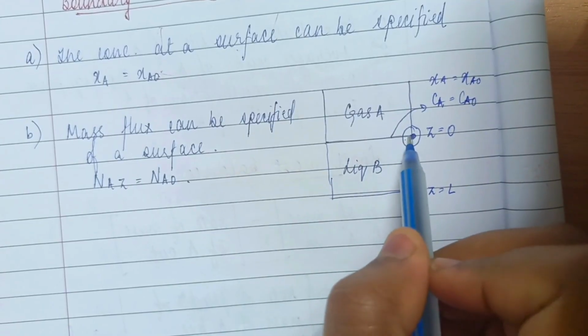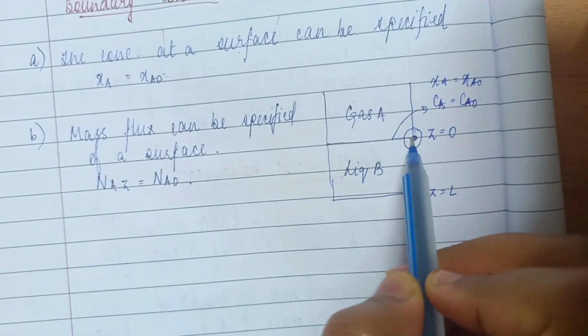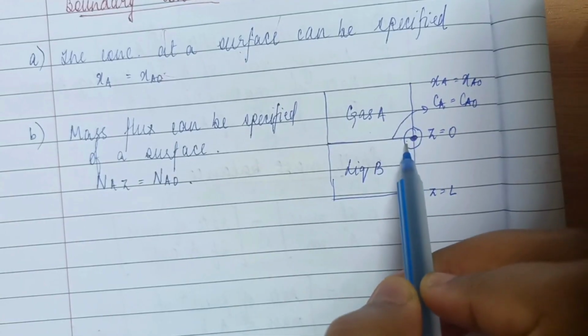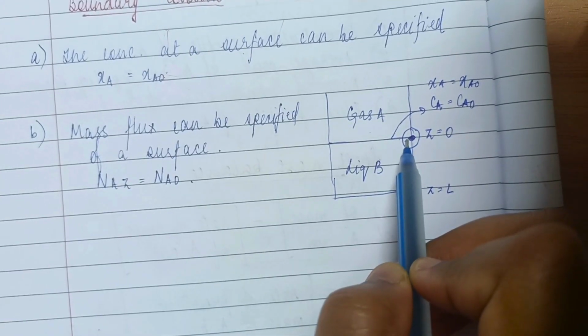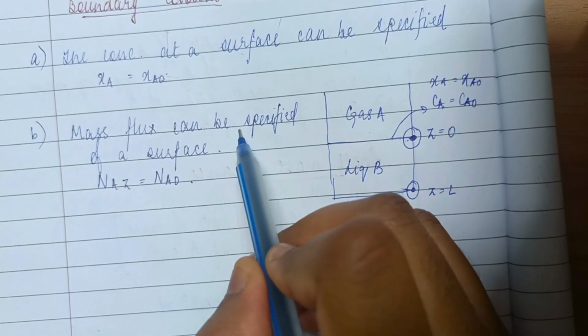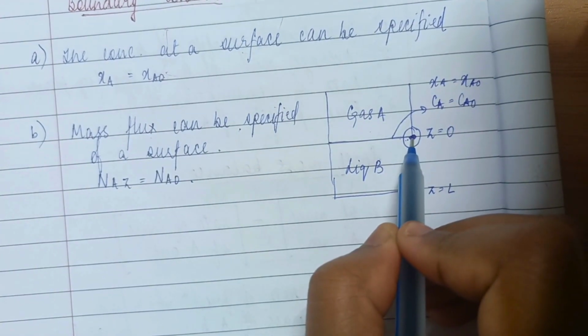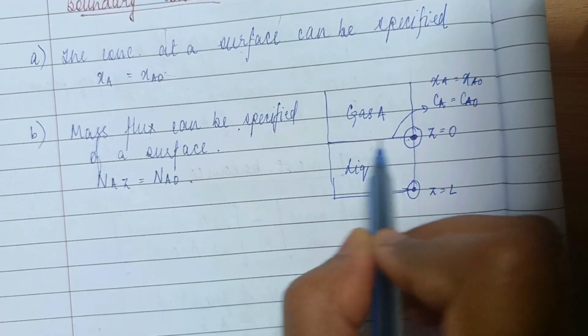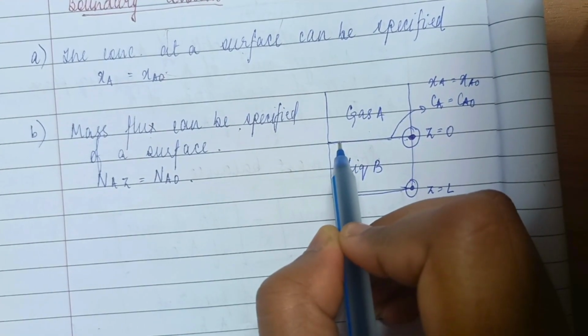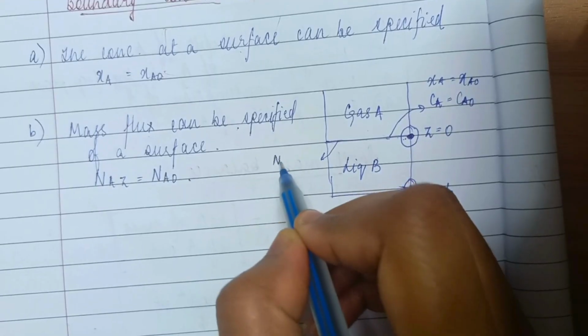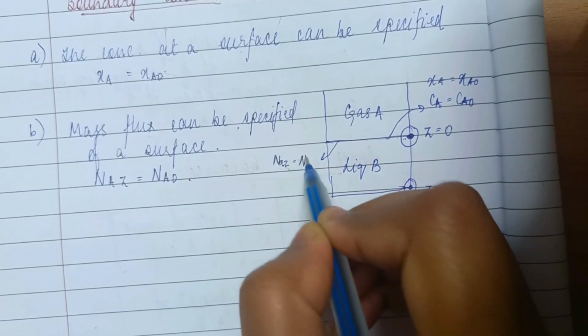As mentioned earlier, in the first boundary condition, the concentration at a surface was given. Similarly, in the second boundary condition, the mass flux at a surface can be specified. So here, suppose NaZ can be written as Na0.